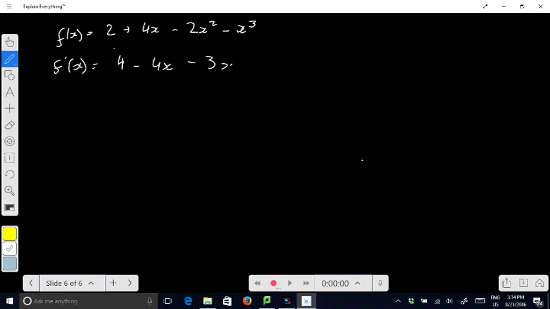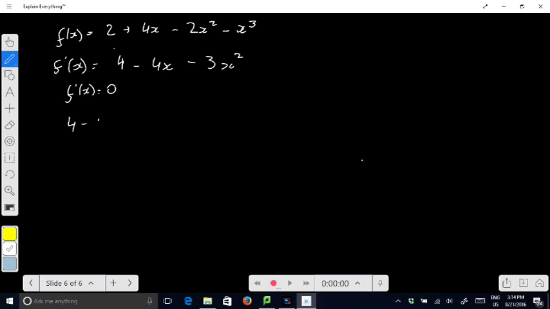Determine the stationary points of f(x) = 2 + 4x - 2x² - x³, and justify their nature. So first thing, find out what f'(x) is. So we'll have 4 - 4x - 3x². So the stationary points occur when f'(x) is equal to 0.